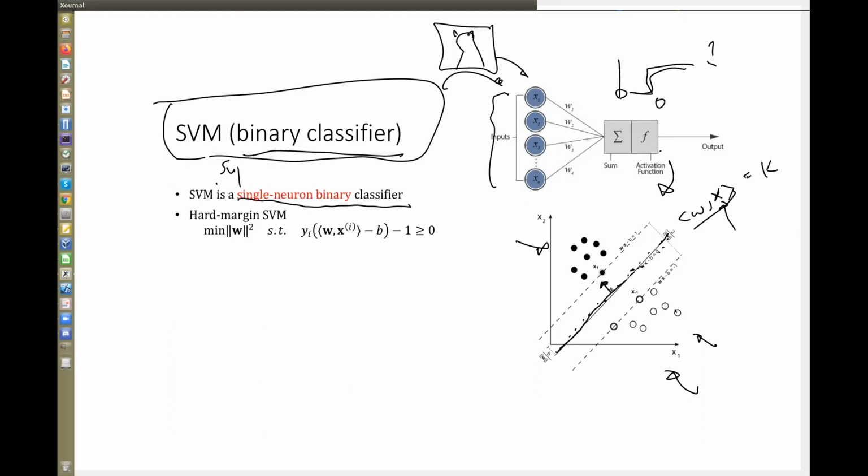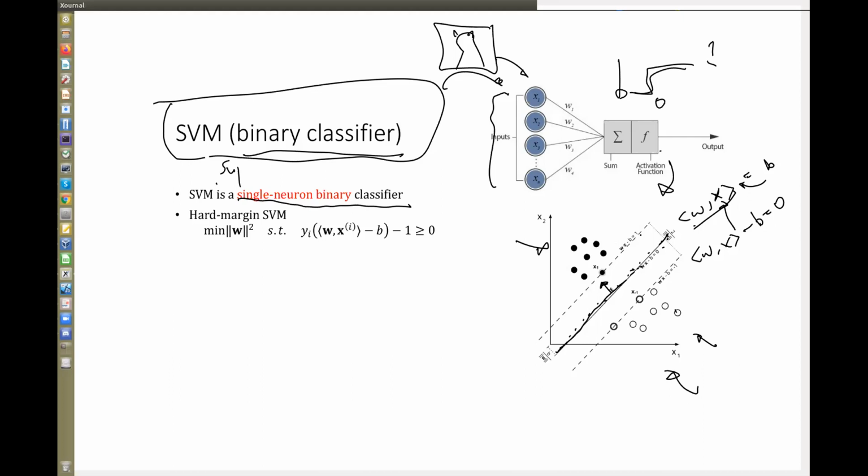Every point on this plane should have the inner product be a constant, right? Therefore, I can write this equation as Wx minus b equals 0, where I write the constant as b.